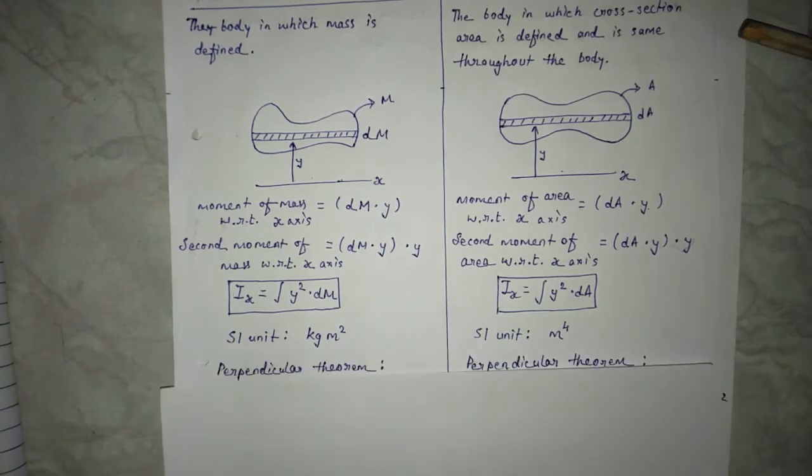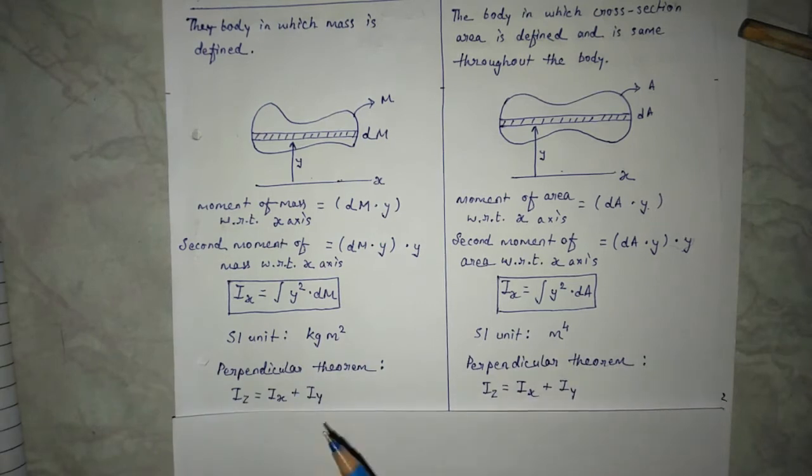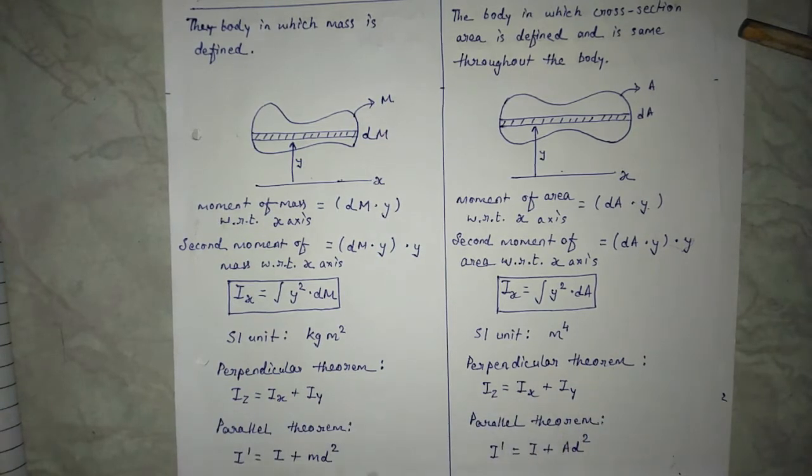Then what is the difference in the theorems? In the perpendicular axis theorem there is no difference, but in the parallel axis theorem we get a difference. As we said, over here mass is defined, so we get m d square, and here area is defined, so we get A d square. This is the difference between them.